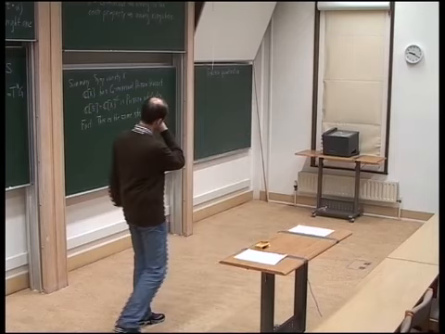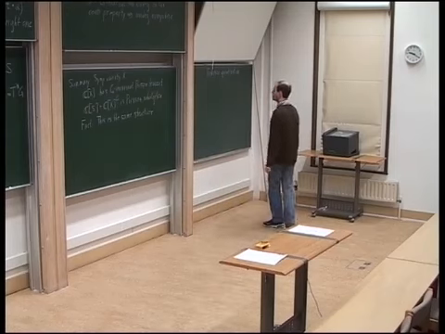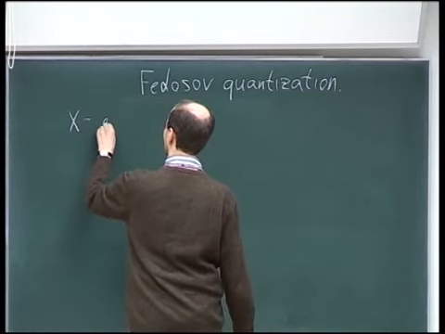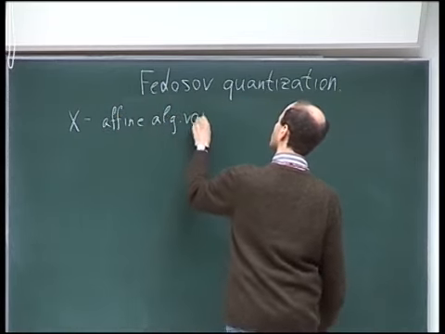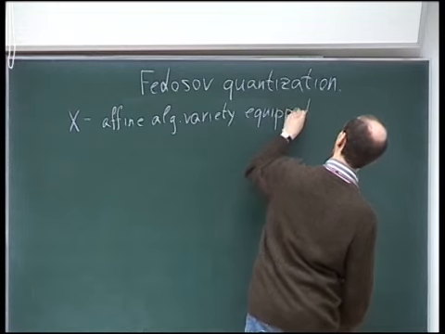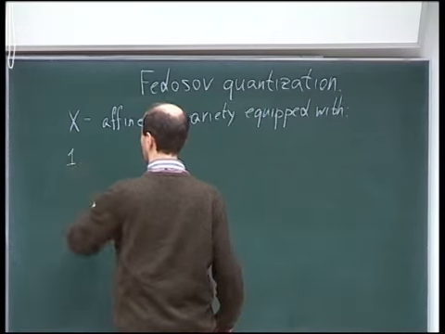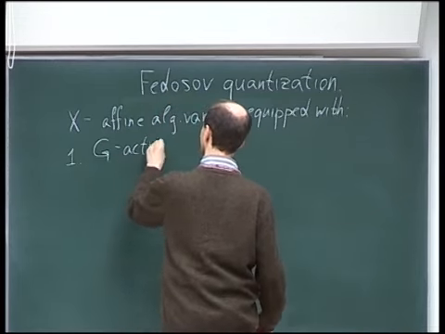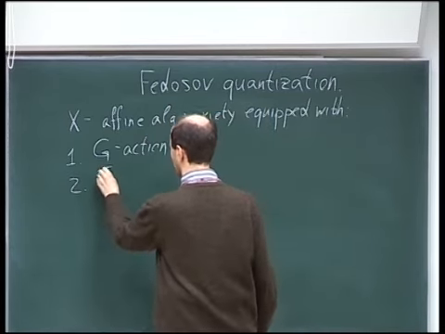Okay. So now our setting is the following. We have X, an affine algebraic variety, equipped with, first, a G action. Second, an action of a torus.